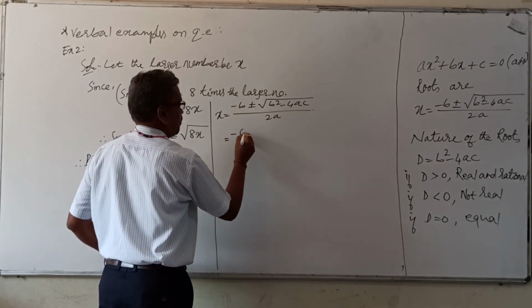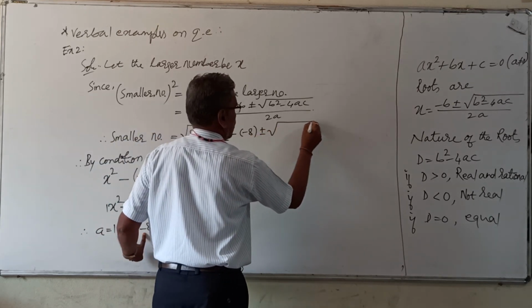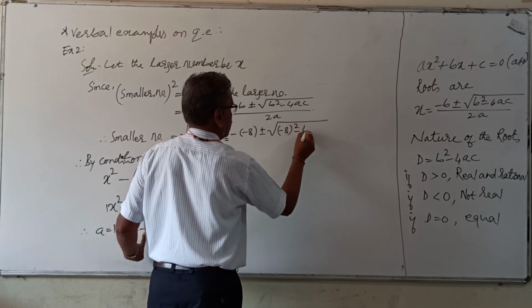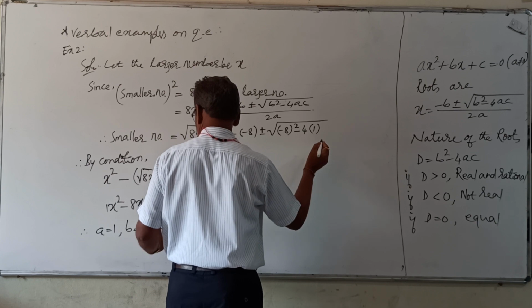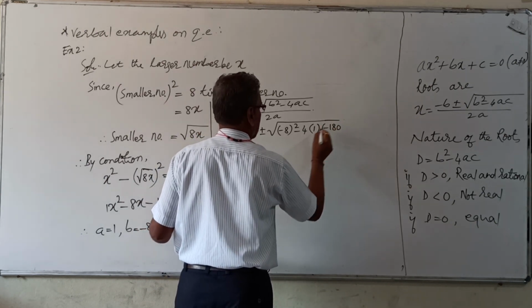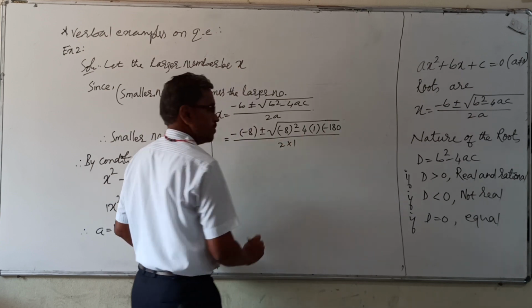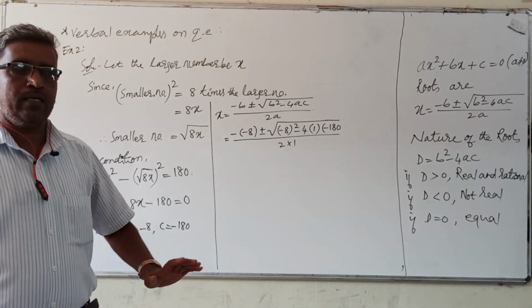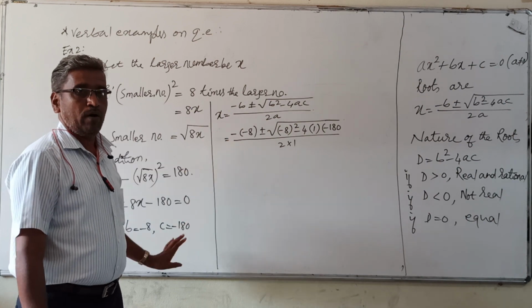So minus of minus 8 plus or minus square root of b square, that is minus 8 whole square, minus 4, the value of a is 1, the value of c is minus 180, whole divided by 2a. The first task is to write the formula correctly. The second step, which is important, is to substitute the values.